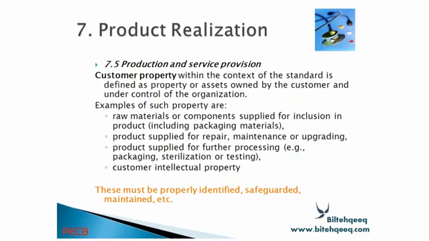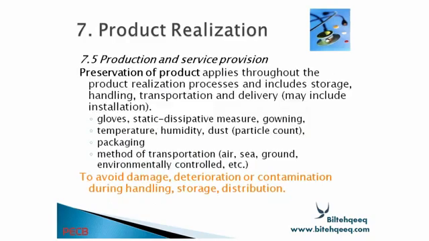Examples of such property are raw materials or components supplied for ingredients in the product, including packing material, products supplied for repair, maintenance, or upgrading, products supplied for further processing, packing, sterilization, or testing, and customer intellectual property. These must be properly identified, safeguarded, and maintained. So you have to properly identify customer-supplied products, protect them, and maintain a record of such customer property.